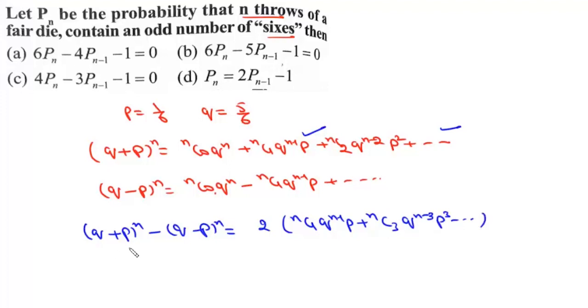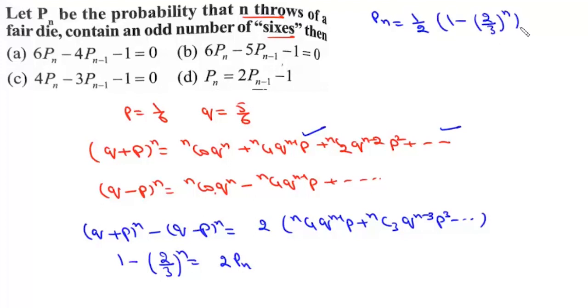Now p plus q is 1 and q minus p is 4 by 6, which is 2 by 3. So it will be (2 by 3) to the power n, and this is equal to 2 times Pn. So basically Pn is 1 by 2 into 1 minus (2 by 3) to the power n.